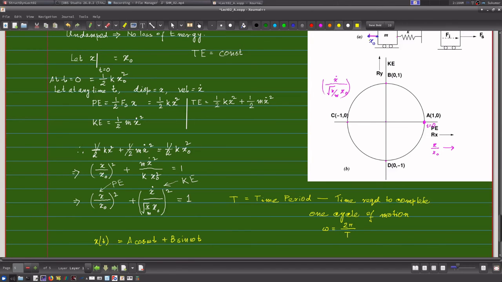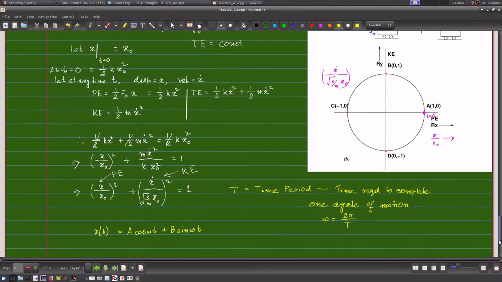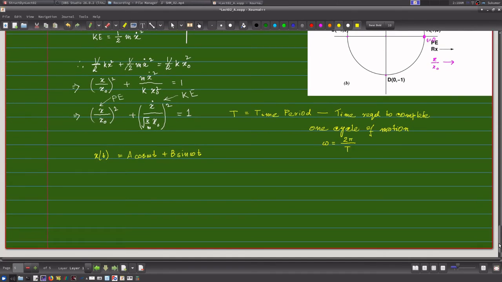Now these constants of integration a and b can be obtained by using initial conditions.